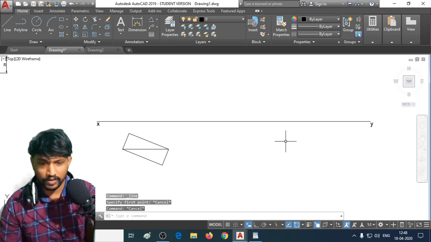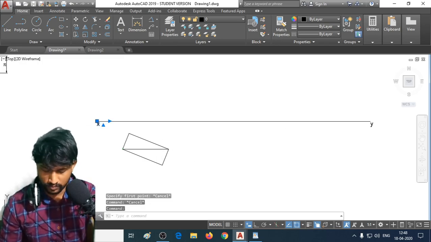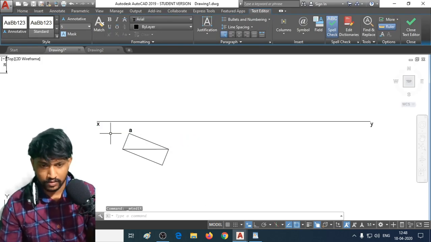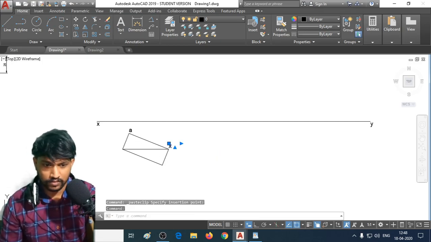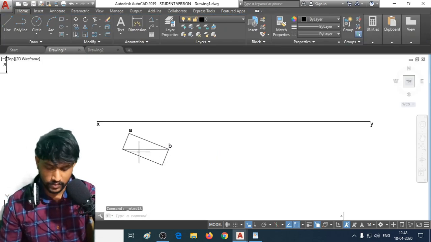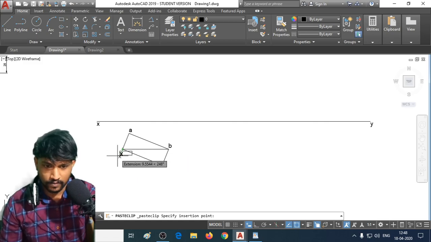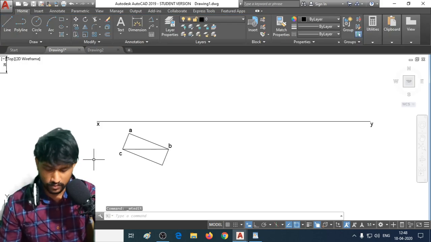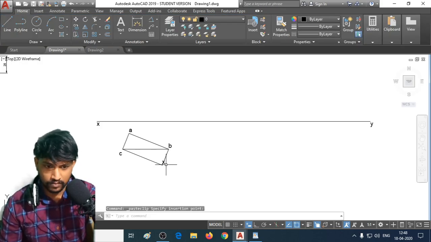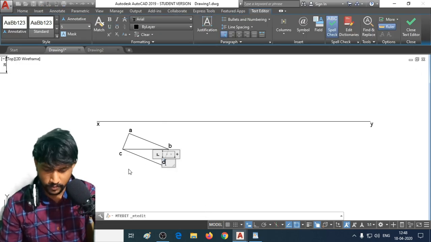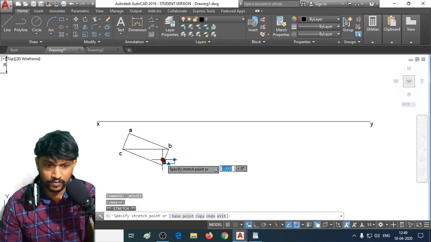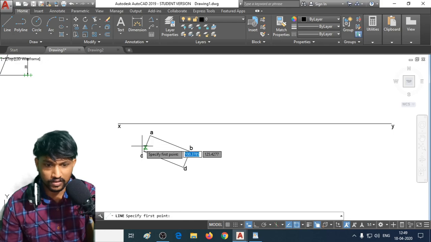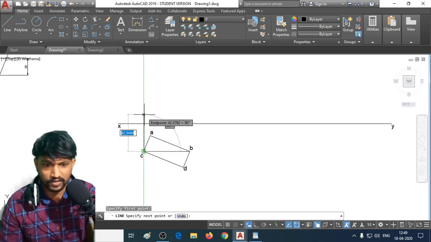First let us give the naming: A, B, C, and D. In the problem, if you mentioned the corner points, then you have to specify the same corner points.